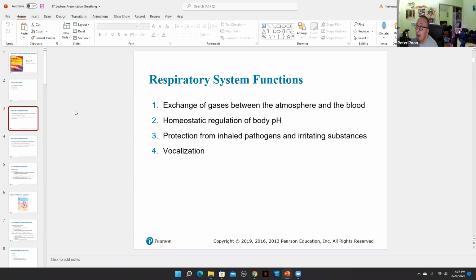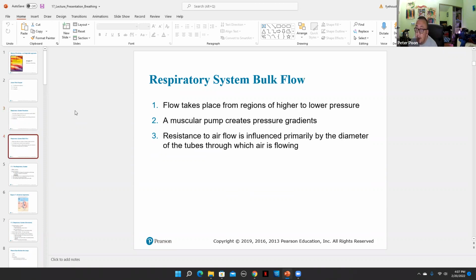Depending on your respiratory rate, I can tell you if you're in respiratory acidosis or respiratory alkalosis. So you can regulate pH by how much CO2 you breathe out.